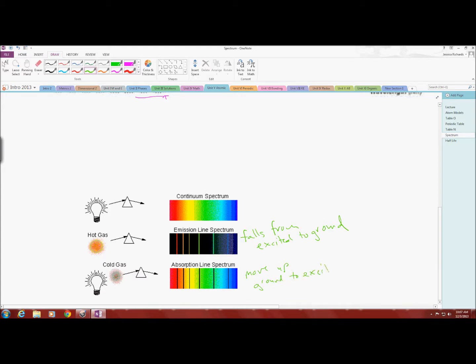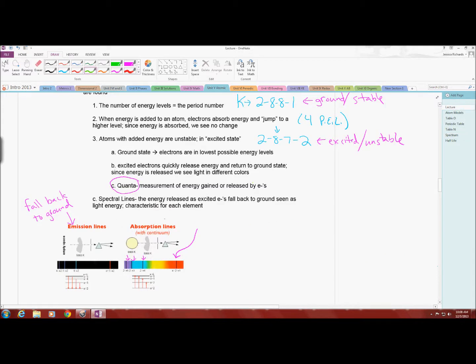They absorb light, and we see nothing. In lab, you're going to see nothing at this point because it's absorbing the energy. It's not coming to our eye. We can't see it.